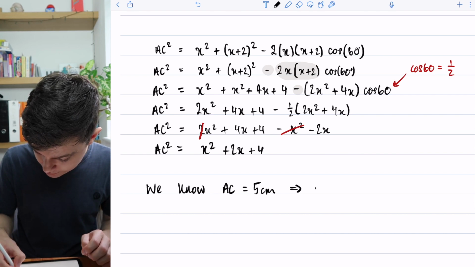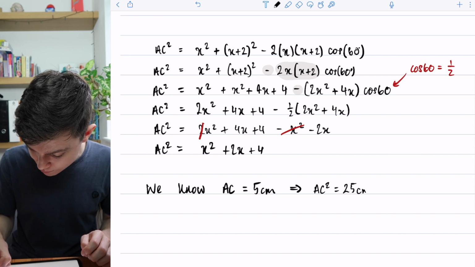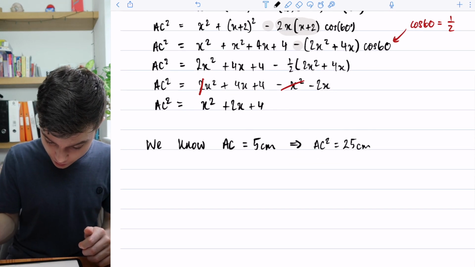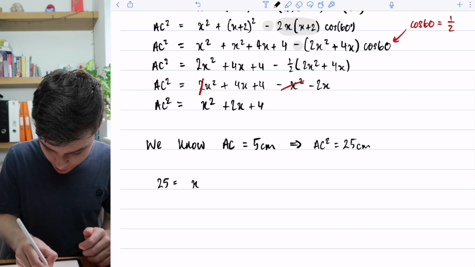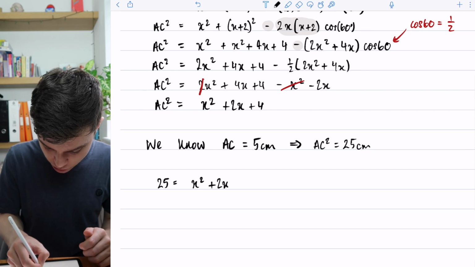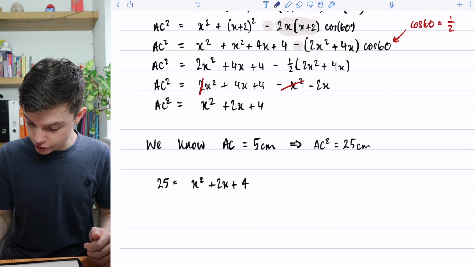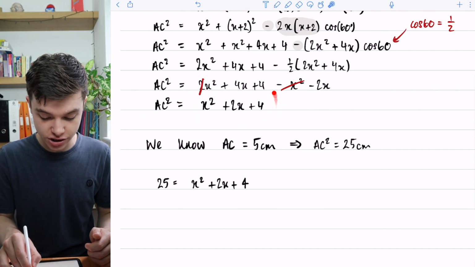So therefore that tells me AC squared is going to be 25 centimetres, just square both sides. So AC squared will be 25, so we'll have 25 is equal to x squared plus 2x plus 4. Okay, just by substituting into this side, or this equation here.